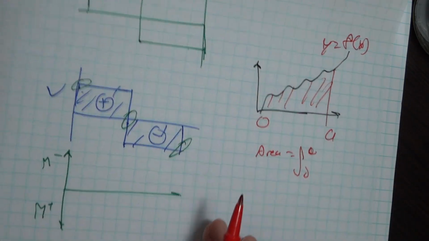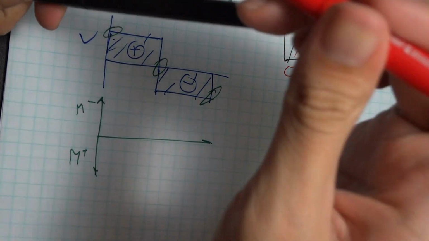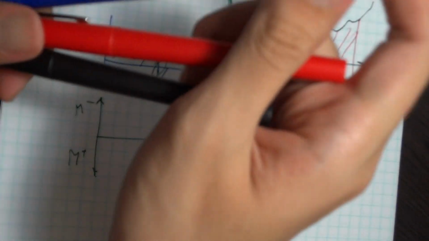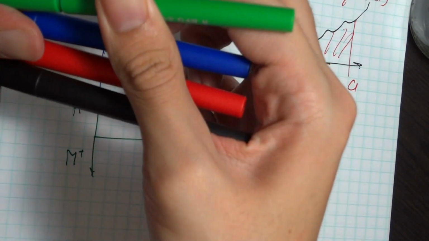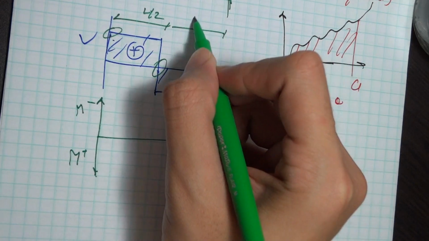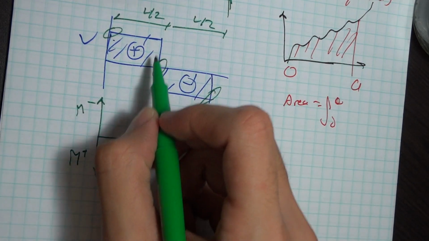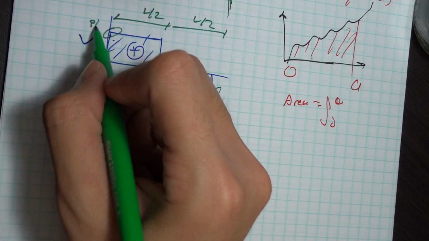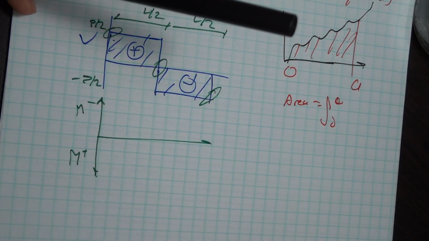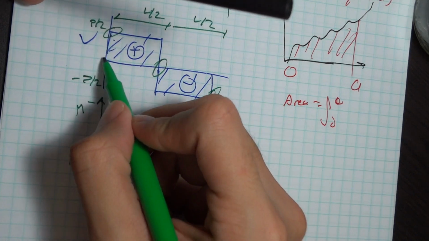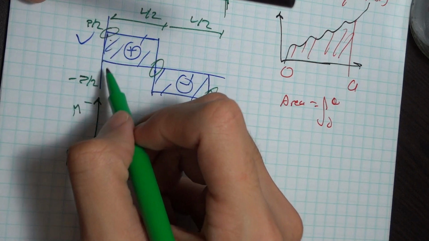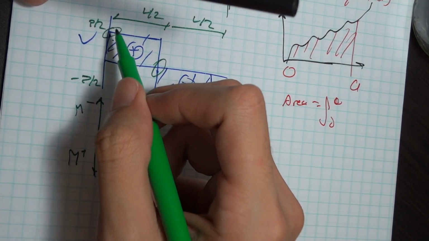And I can get the area for my moment diagram pretty easily, right? Because these are just two rectangles, and the area of rectangles is very simple. If this is some length, L over 2, this is some length, L over 2, and this is some height, P over 2, and this is some height negative P over 2. Do you agree that if I start from here and I go to here, the area between these two points is 0, right?